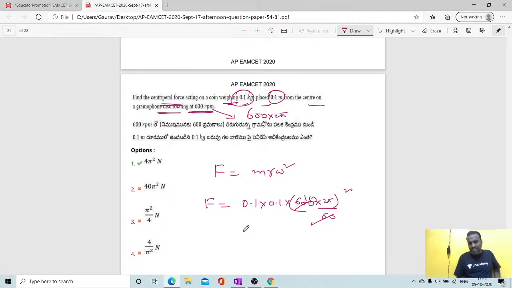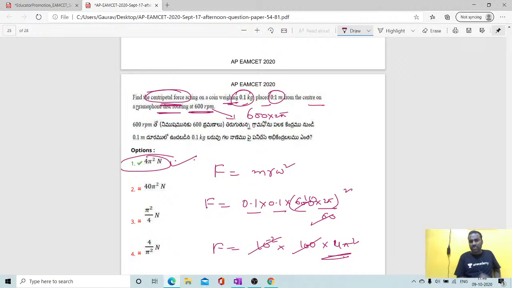The 60 tens get cancelled, then finally F is equal to 0.1 into 0.1 into 100 into 4π². The 100 gets cancelled with the 10 to the minus 2, and finally you will get the answer as 4π² Newton. That is the centripetal force.